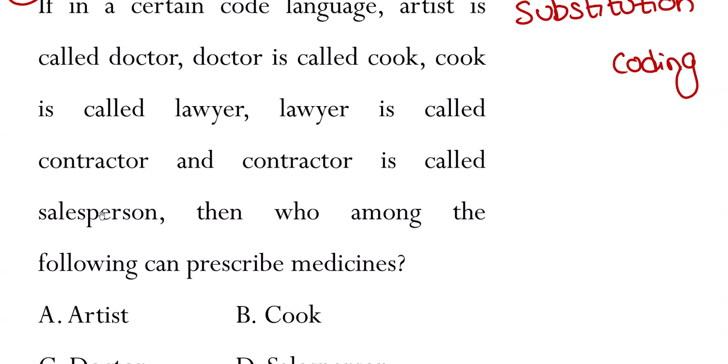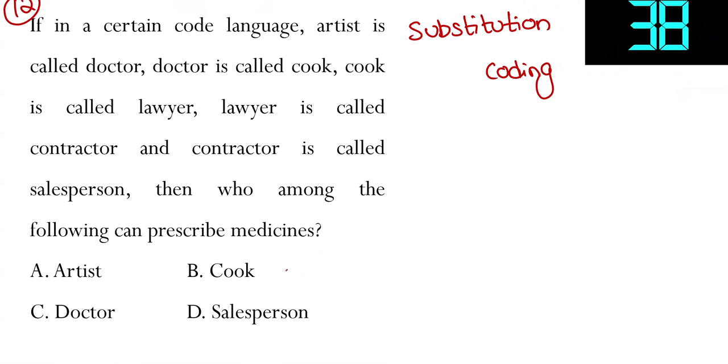There is no logic. Read the last line. Who can prescribe medicine? Doctor. In the question, doctor is called cook. Stop there. Answer is cook. Hardly 10 to 20 seconds you can take to answer this type of questions. Last line means the related word we find in the question, what they called it as.